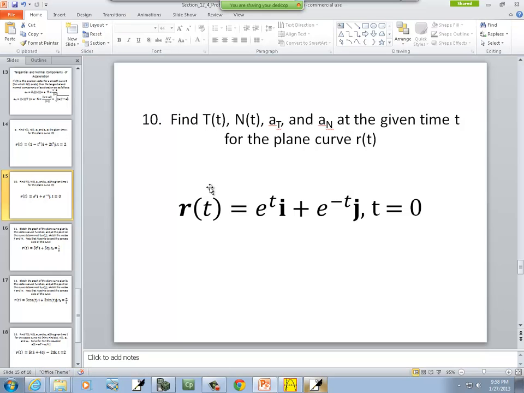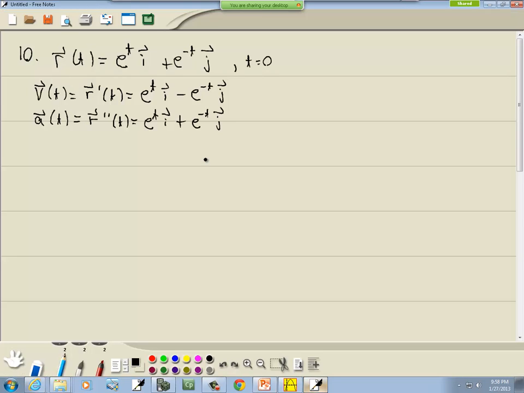Now, let's see, what all do we need? I'm going to find a of 0. I'll plug 0 in for t. That gives us e to the 0 i plus e to the negative 0 j, and anything to the 0 power is 1.